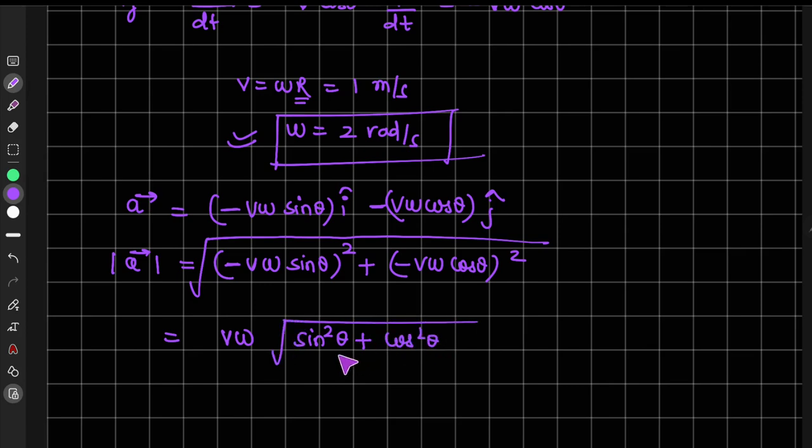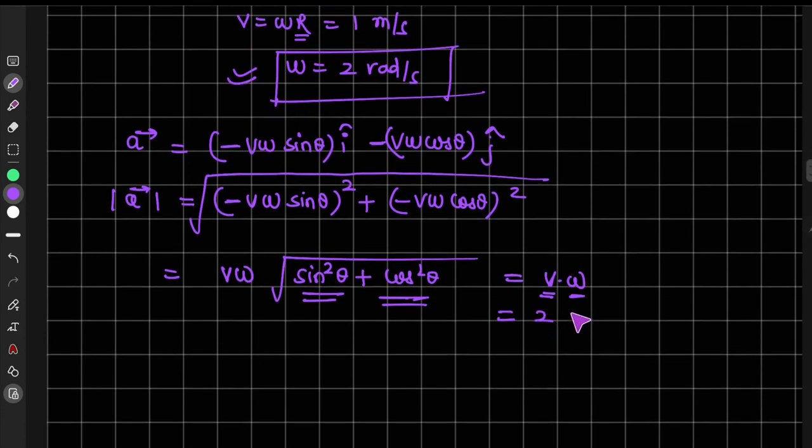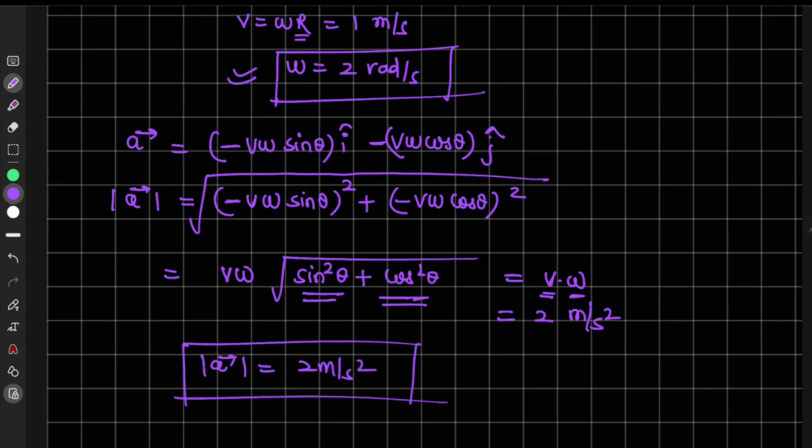Sin square theta plus cos square theta is 1, so we will get v into omega, and v is 1 meter per second and omega is 2 radian per second, so we will get 2 meter per second square. So this is the value of net acceleration we got, 2 meter per second square, of the point A.